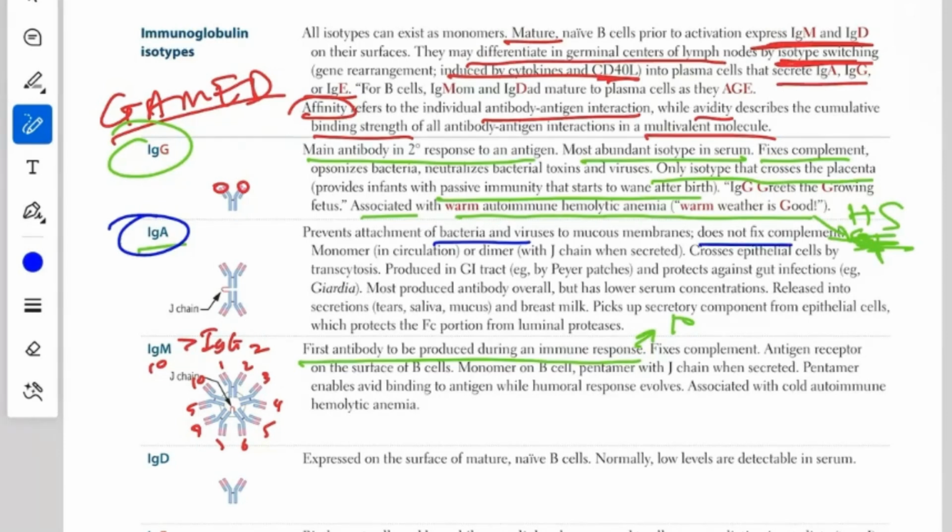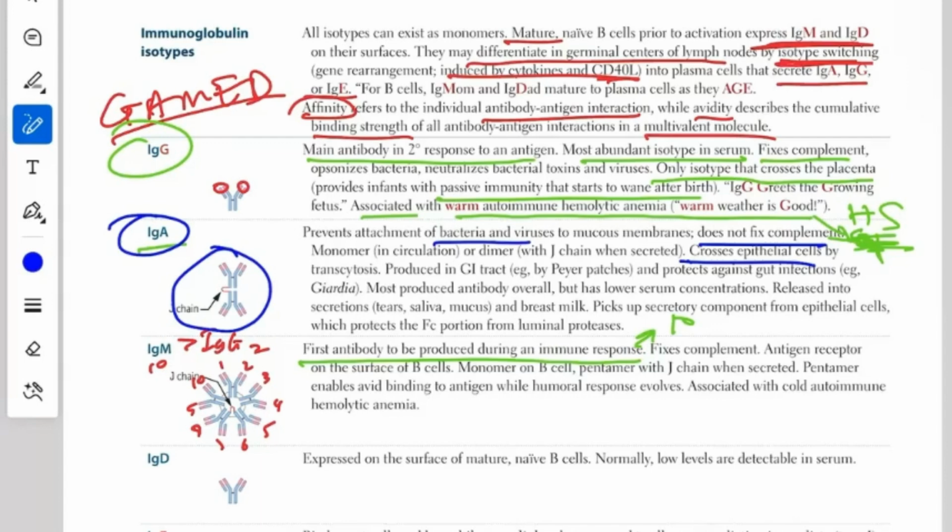As we said earlier, it doesn't fix complement, but it does the other things: neutralizes pathogens and opsonizes. It occurs as a dimer, so two IgAs joined by the J chain, and it can cross. It's secreted in the bloodstream, crosses the epithelial layers of the mucosal membranes to get to the lumen of the GI, airway, or GU surfaces, right?